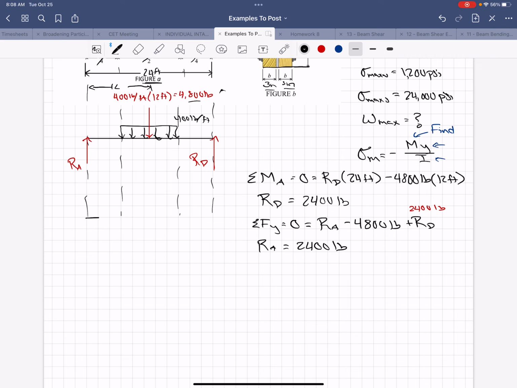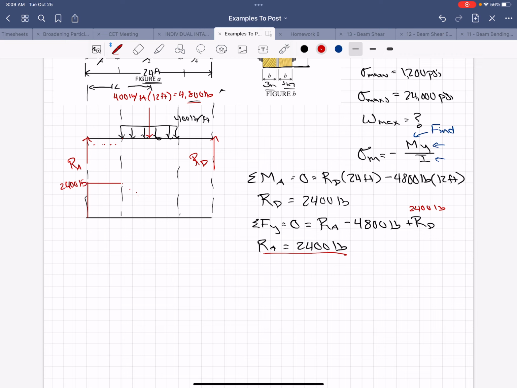We can draw that here. At A, we jump up 2,400 pounds. Nothing happens as we walk across the beam. Once we get to the distributed load, now we're going to drop down 400 pounds per foot for a total drop of 4,800 pounds. So we're at 2,400 pounds.